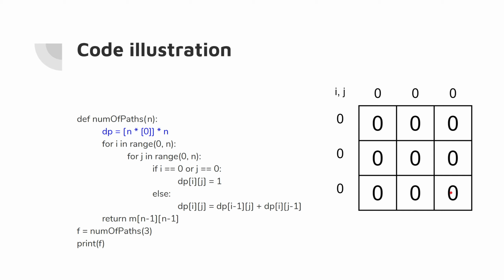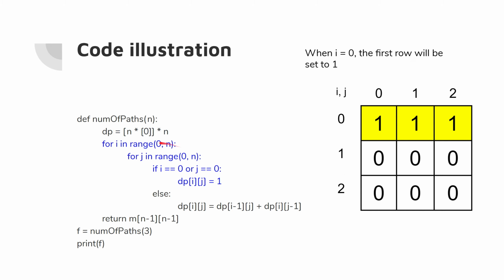And then it'll make dp, the dynamic programming table, equal to n zeros for each row and 0 for each column. So it'll make n zeros for one row, and it'll make n of those rows. Because n is 3, it'll make 3 zeros for each row and 3 of those rows.